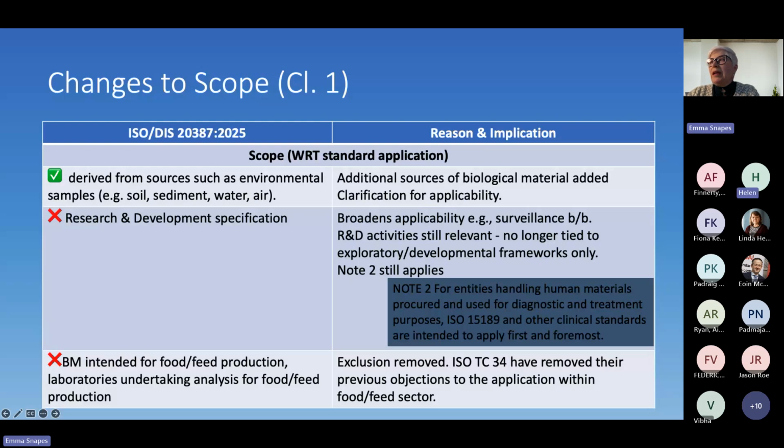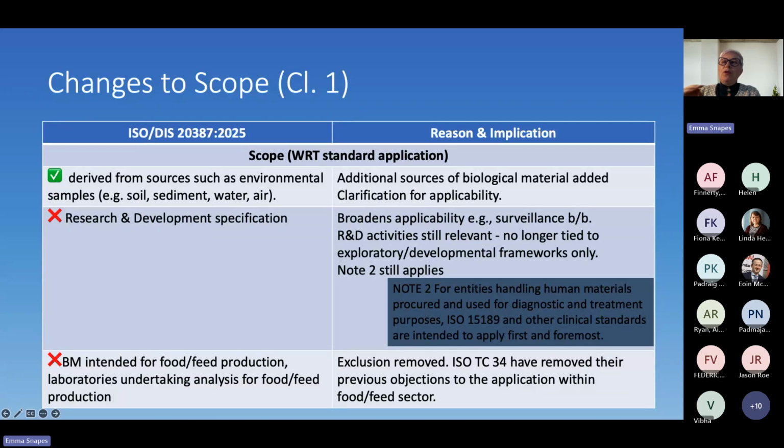They might include surveillance biobanks and other types of biobanks, environmental diagnostic biobanks. It's important to realize that research and development activities are still relevant to the standard. It's just that the standard is no longer tied just to exploratory and developmental frameworks only.